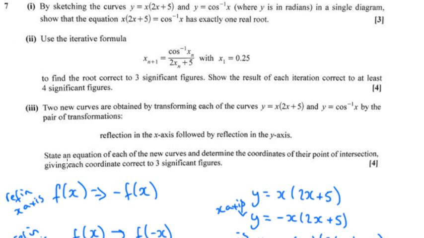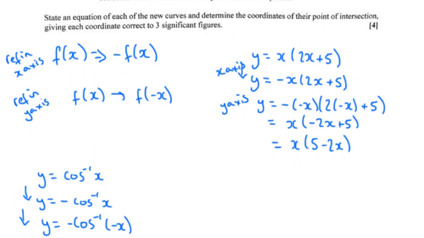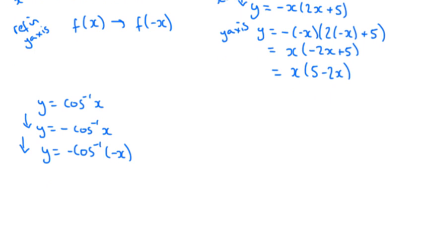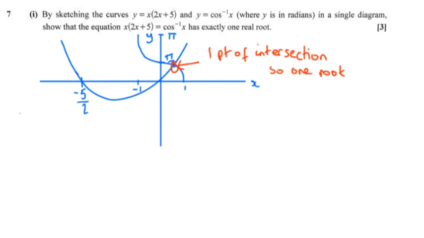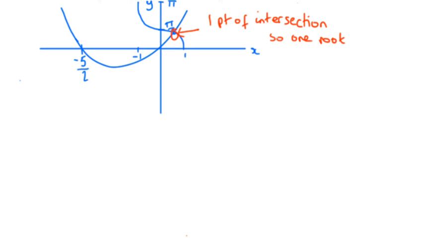So our two new graphs, it says state the equations of the two new curves and determine the coordinates of the point of intersection. Well, if we think about our graph from part 1, how's it going to look different?